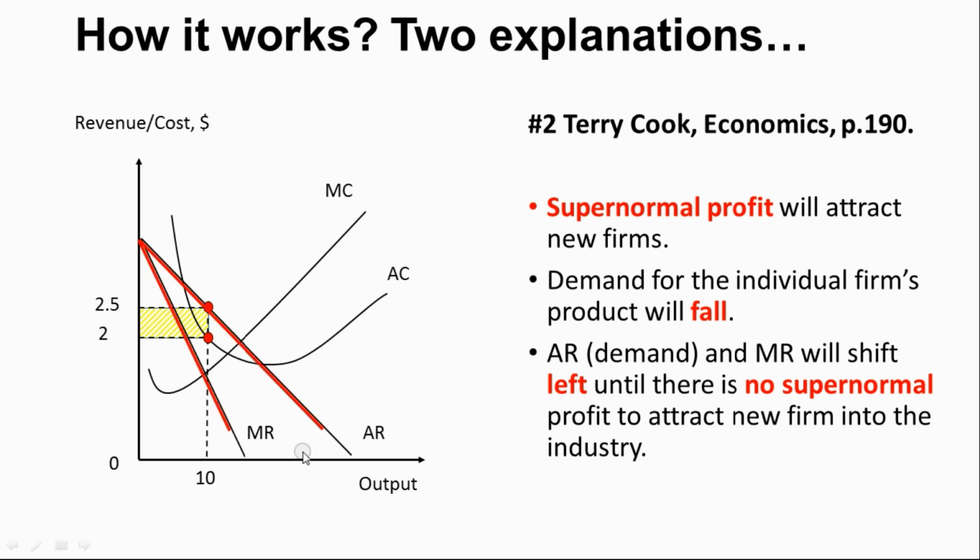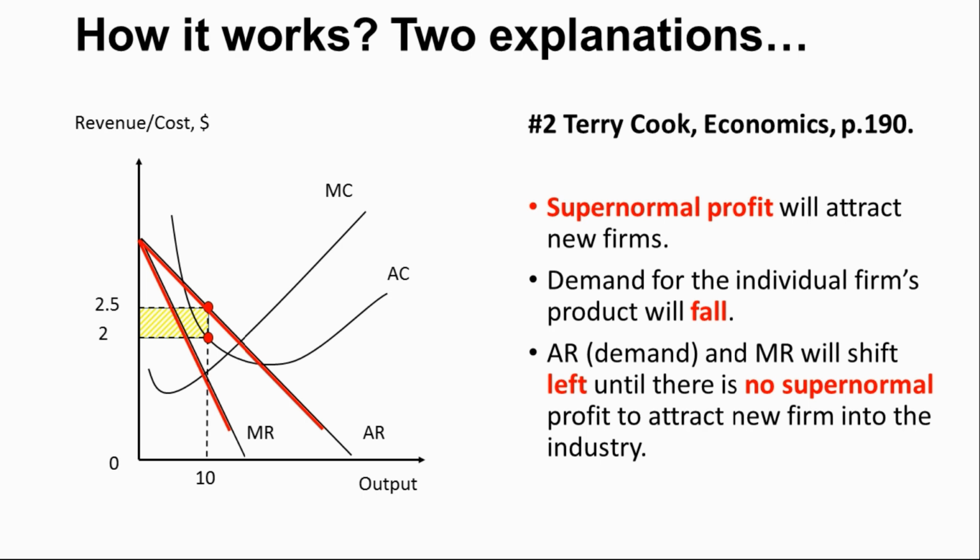This is our average revenue curve and marginal revenue. Then, because other companies look at us and they're jealous, they want to have the supernormal profit, they start to enter the market, and as a result, average revenue, demand, actually falls, because we have to share the overall demand.